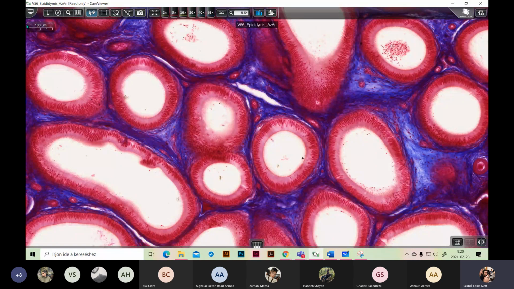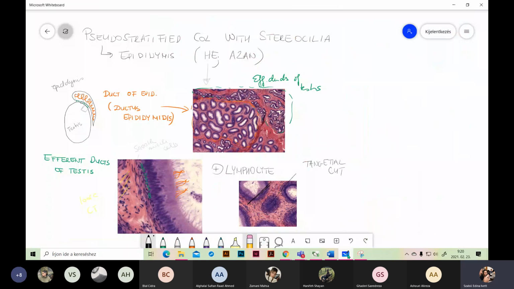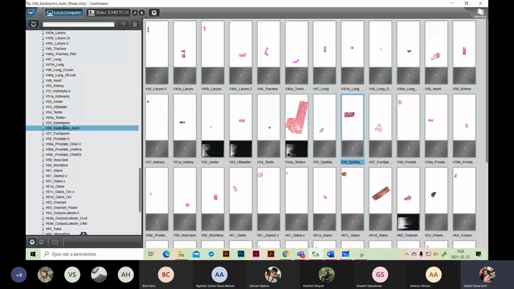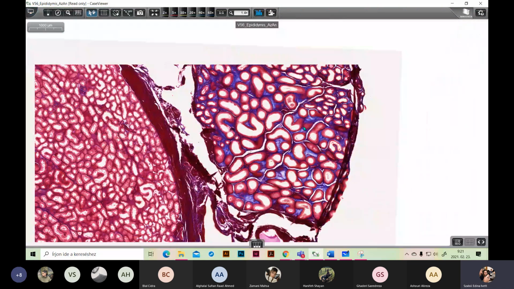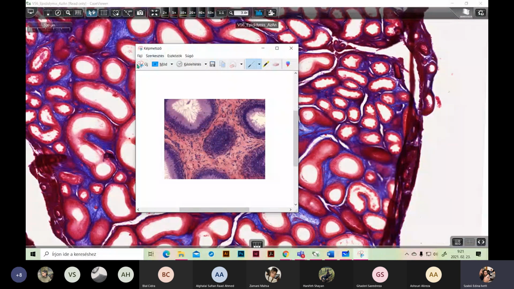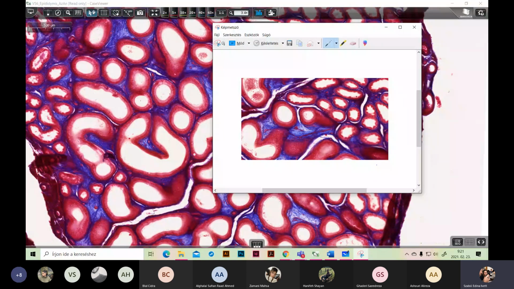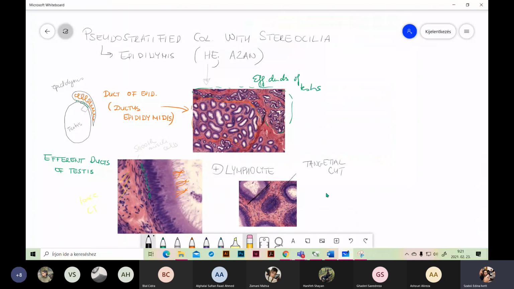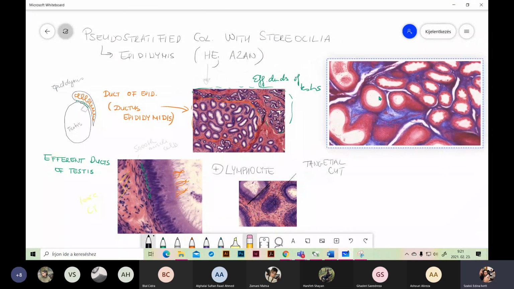The next slide is pseudostratified columnar with kinocilia. I make a photo from this. And our note will be complete. An Azan stain slide where you can compare the nice one and the ugly one.